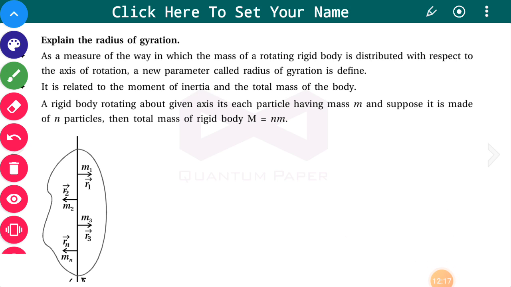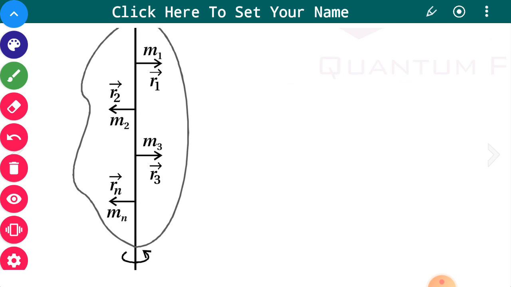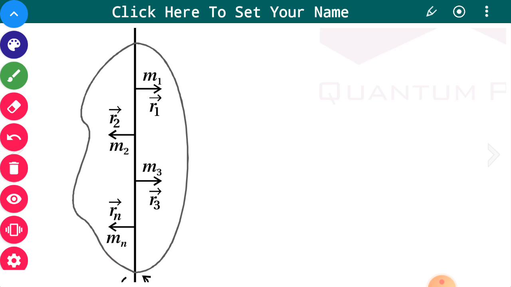Now we talk about the radius of gyration. See, this is a rigid body which is shown here in the figure. Let me try to show it to you properly. Here there are different particles whose masses are m1, and their perpendicular distances are r1. Second particle m2, its perpendicular distance is r2.